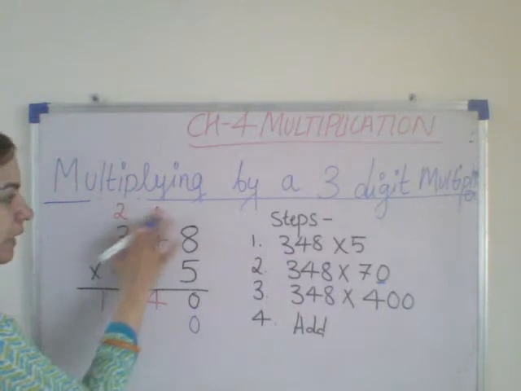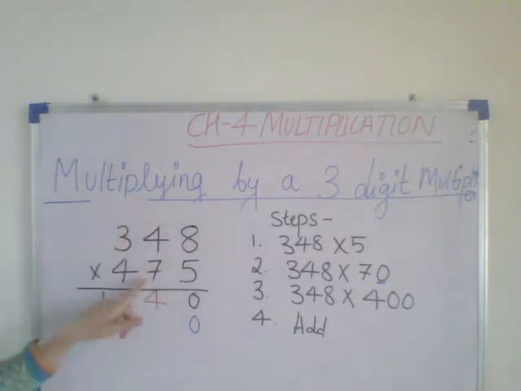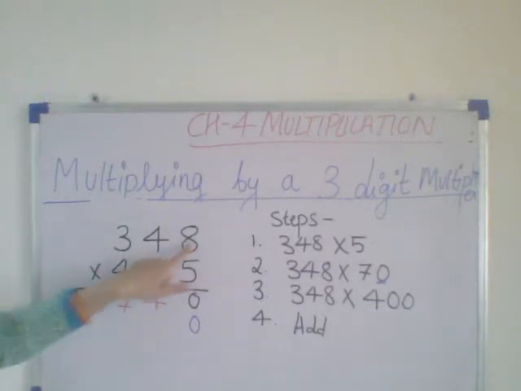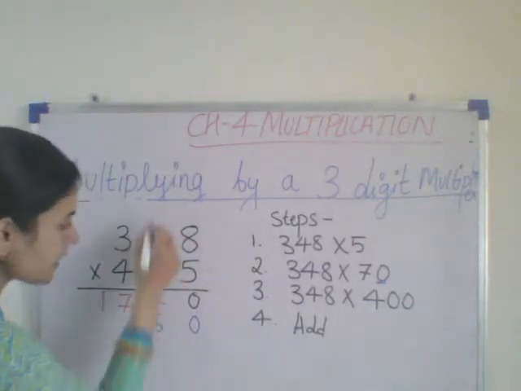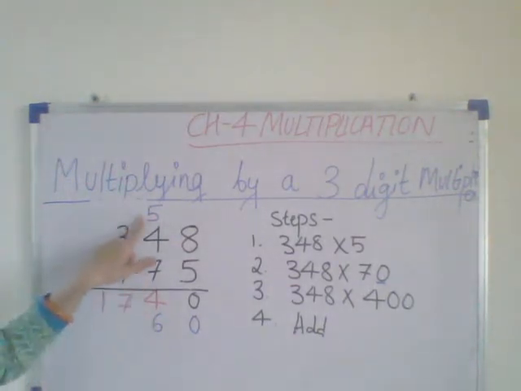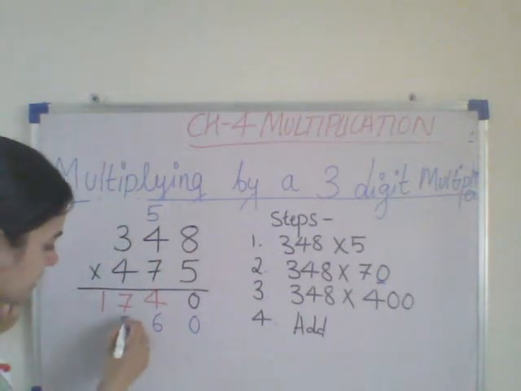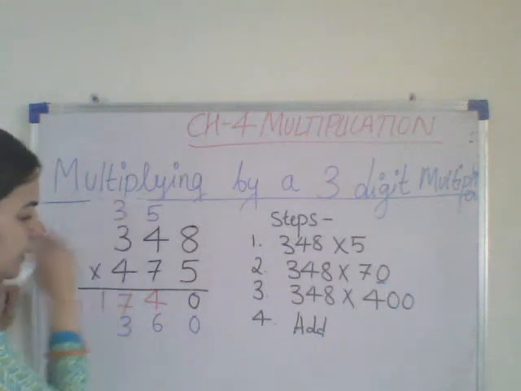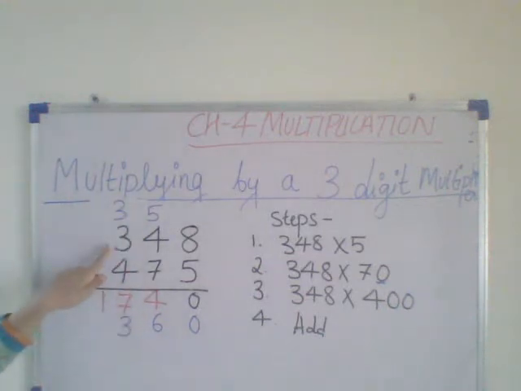Now let's start the multiplication. 7 multiplied by 8 is 56. 6 I am writing here, 5 moves to carry. 7 4s are 28. 28 plus 5 is 33. 3 I am writing here, 3 moves to carry. 7 3s are 21, and 21 plus 3 is 24.